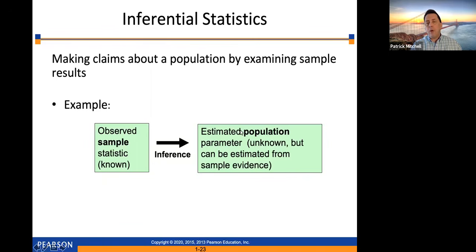Unless I ask every single student at Stan State how they feel about online classes, I don't know exactly what that percentage is. But later this semester, we're going to be talking about how 60% would be your estimate based on your sample, and you can attach a little margin of error to that. 60% plus or minus 3%. Okay.